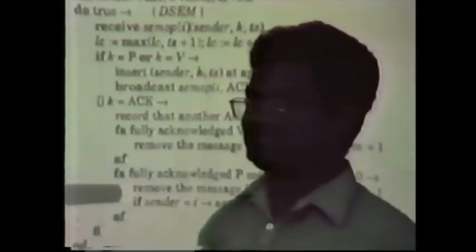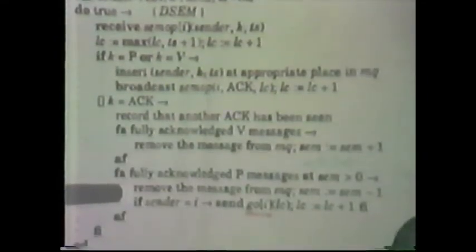To who? To the user process that you are coupled to. So it is your helper who will be on the lookout for you to tell you when it is that you can complete the P operation.